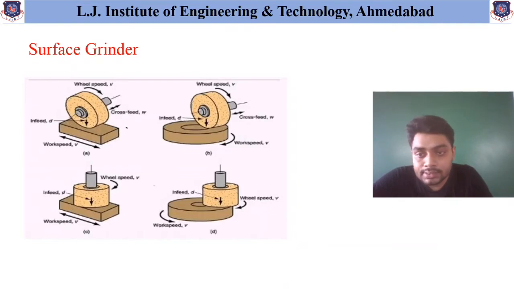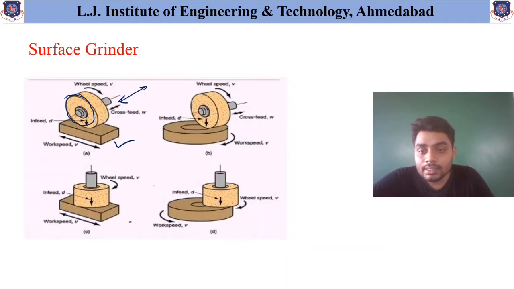Let's take an example. If the shape of the component is vertical and the feed movement required is in the width direction, as you can see, and the wheel is rotating, then the particular shape of the grinder used for finishing is shown over here.